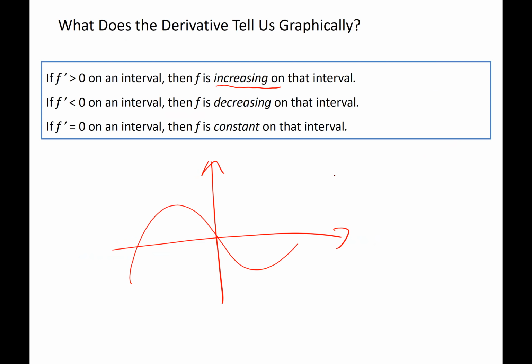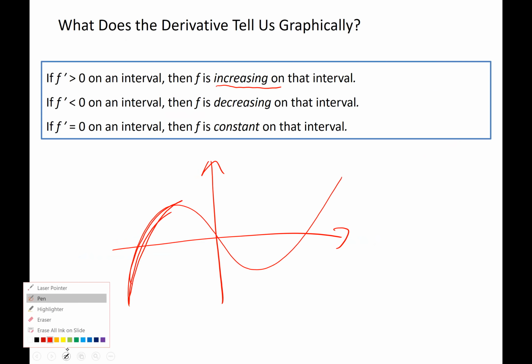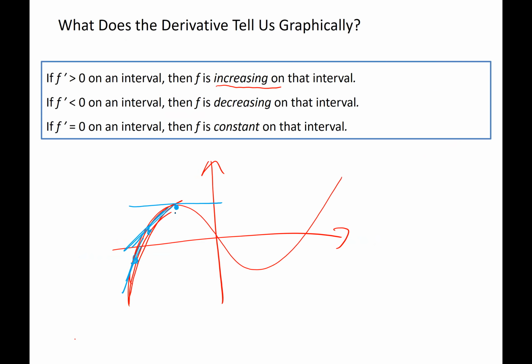Let me draw something. If the function is increasing, then the slope of the tangent, or slope of the curve, is positive. If it's here, of course it's horizontal. That means slope of the tangent means derivative. Derivative is positive if the function is increasing.